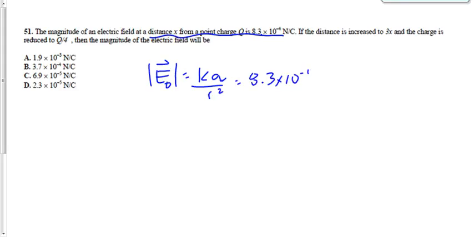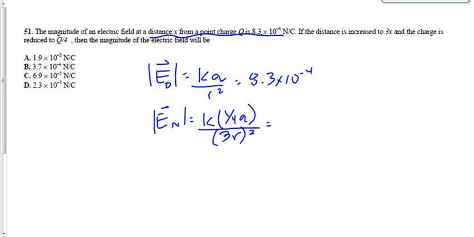We're going to say the new electric field, after we make our changes to it, is going to be k times what? q is now 1/4 of what it was. And r, the distance, well, if it was x, now it's 3x, or if it was r, now it's 3r.